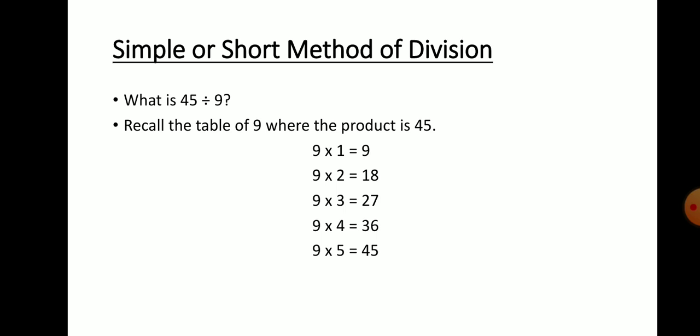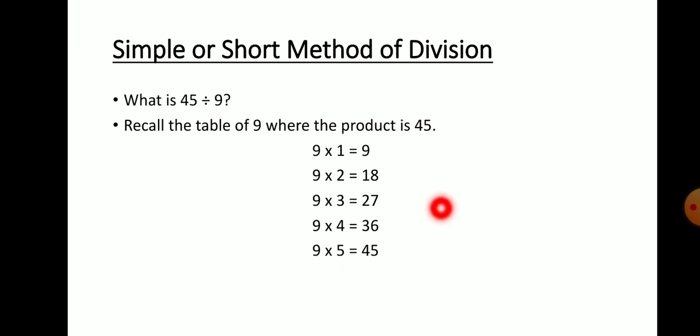I told you that you have to stop recalling the table of 9 where you get the product 45, because here you need to divide 45 by 9. How many times 9 equals 45? 5 times 9 equals 45.